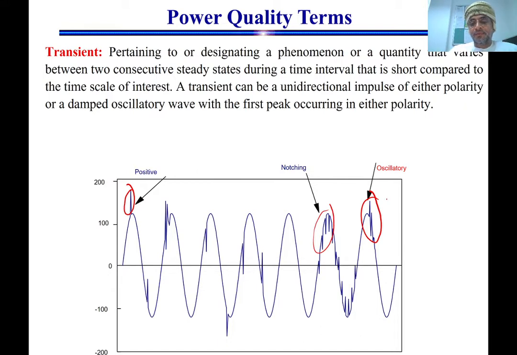And we said already, this oscillatory is due to the capacitor energization. This notching is due to the short circuit when the electronic devices are working. And this one can be due to, let us say, some switching.